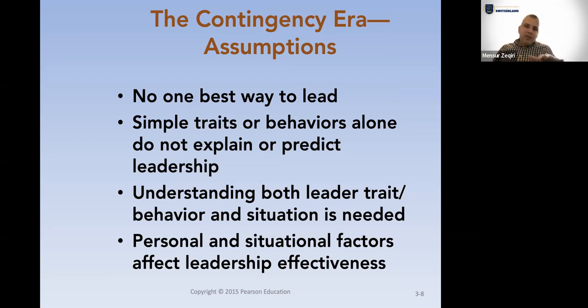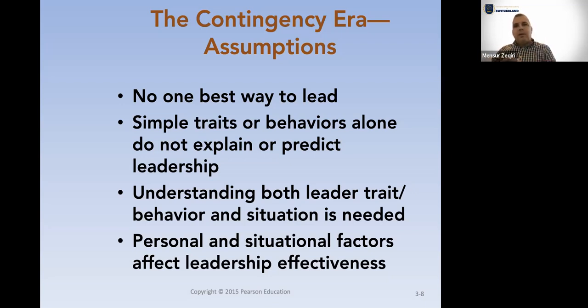So the ones listed here were some of the main assumptions suggested by this particular contingency era, or the research that was done during this time. So no one best way to lead; the situation and the various relevant contextual factors are the ones that will determine which style or behavior is most effective.